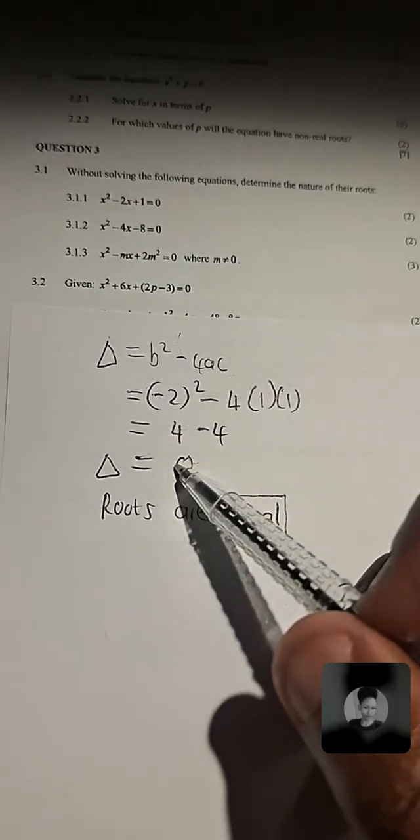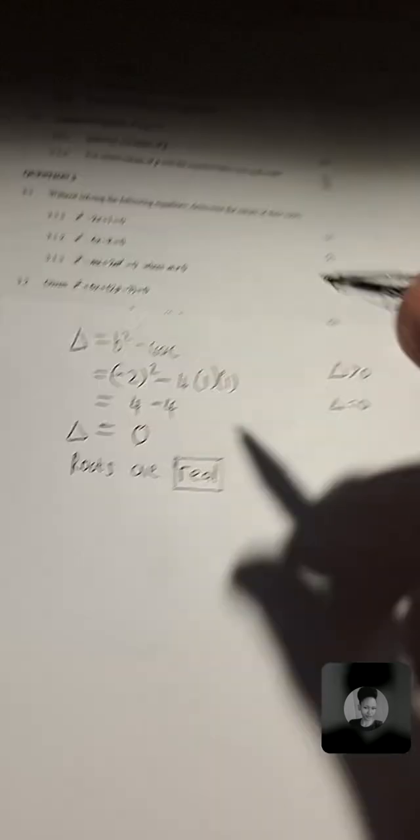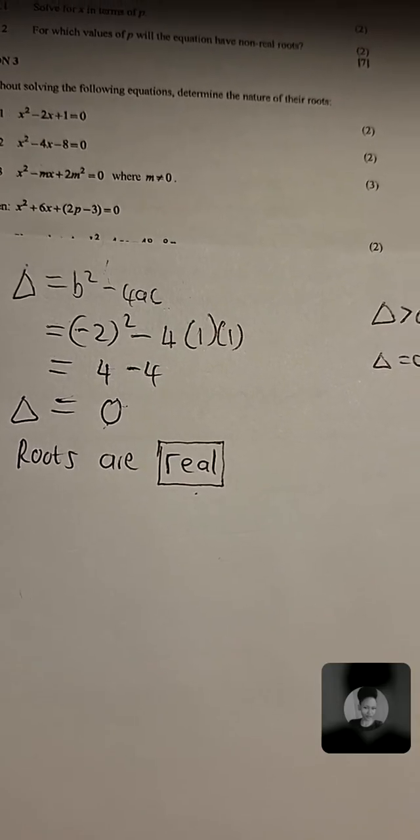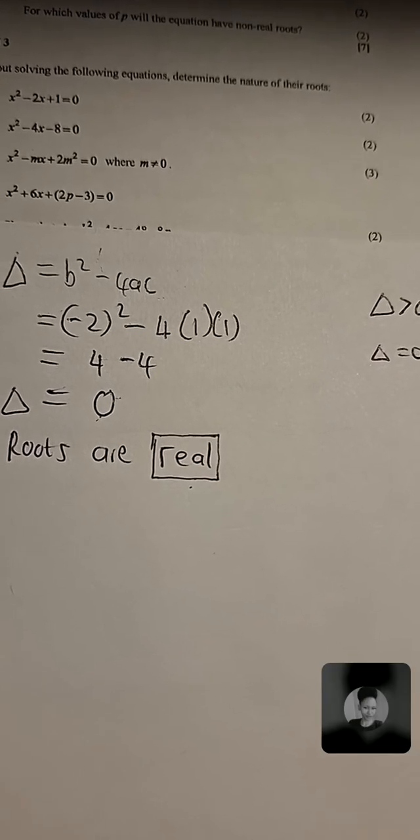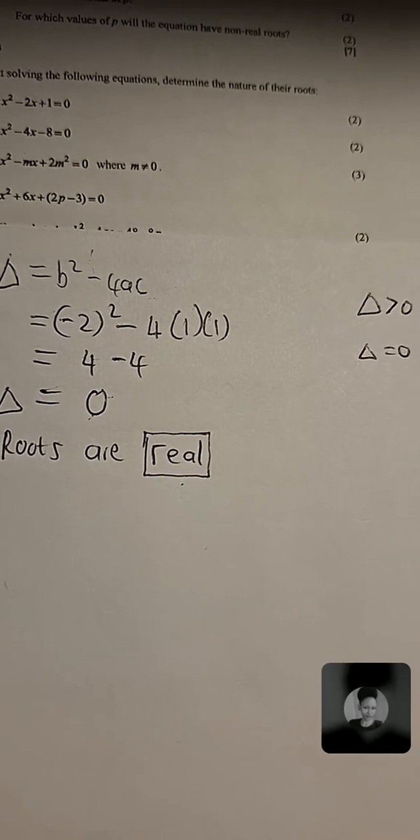If ever you get your answer that delta is greater than 0 or delta is equal to 0, it means that the roots are real. In other words, your roots will be real numbers. Real numbers are numbers that exist on the number line.